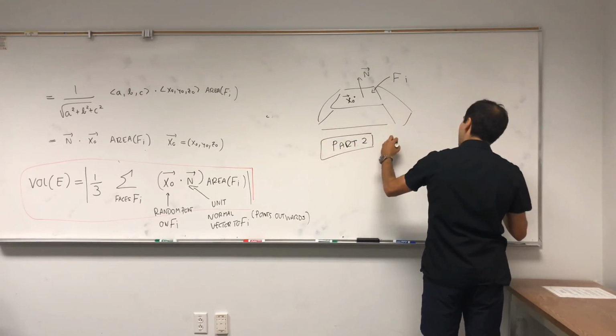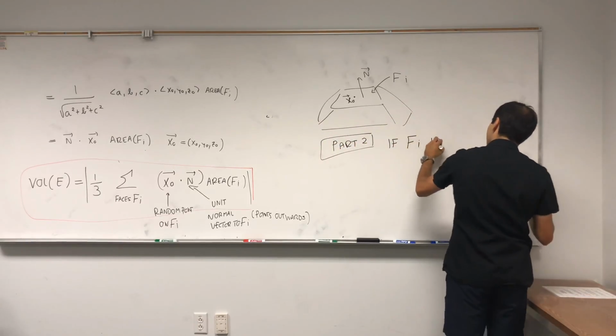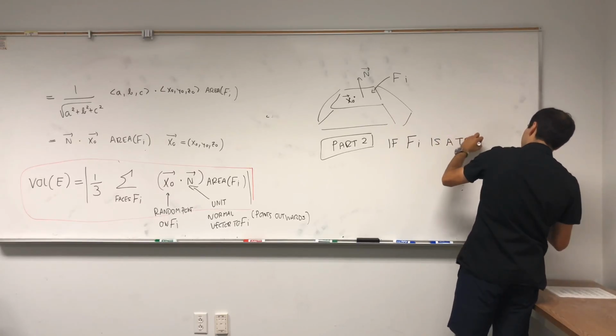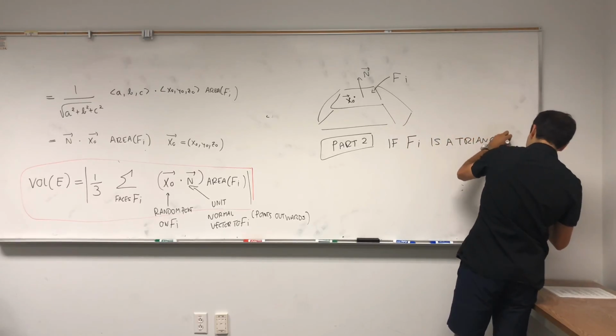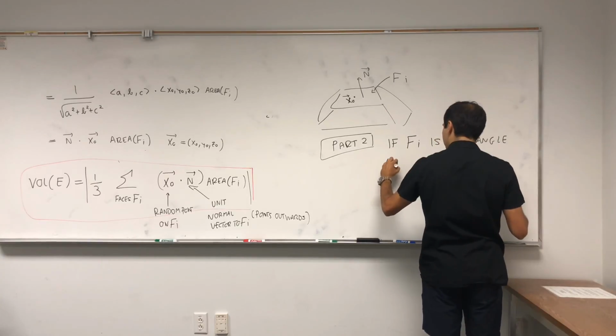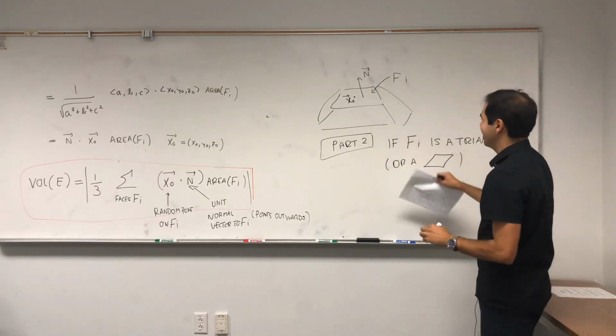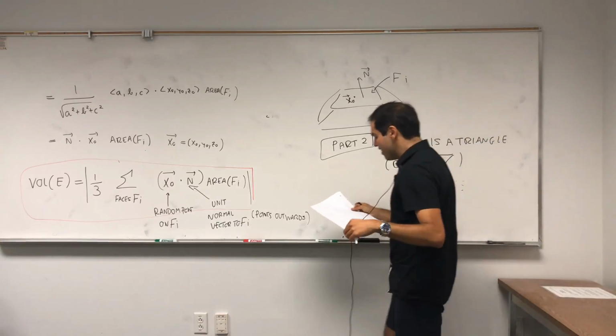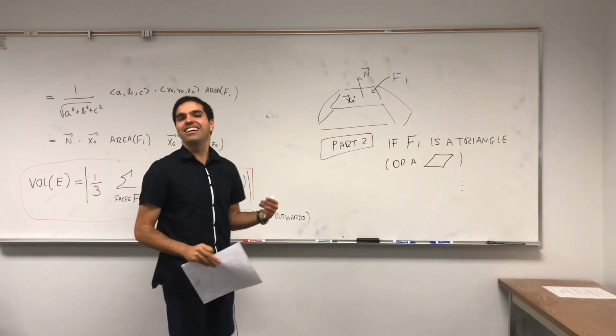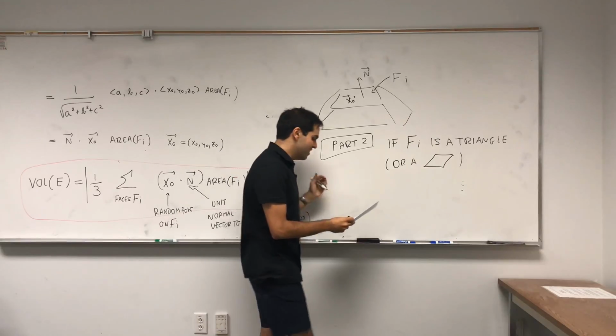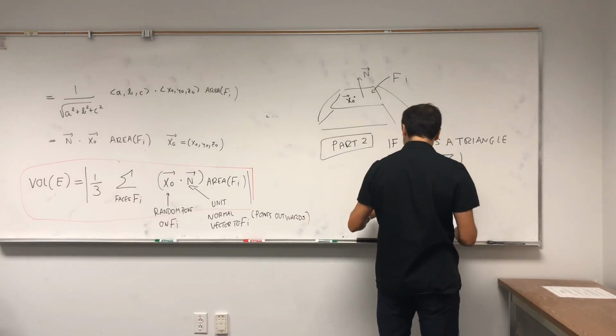So, if, let's say, Fi is a triangle, and similarly for the parallelogram, then it turns out there's a much nicer simplification to this. And let me tell you how to get it.